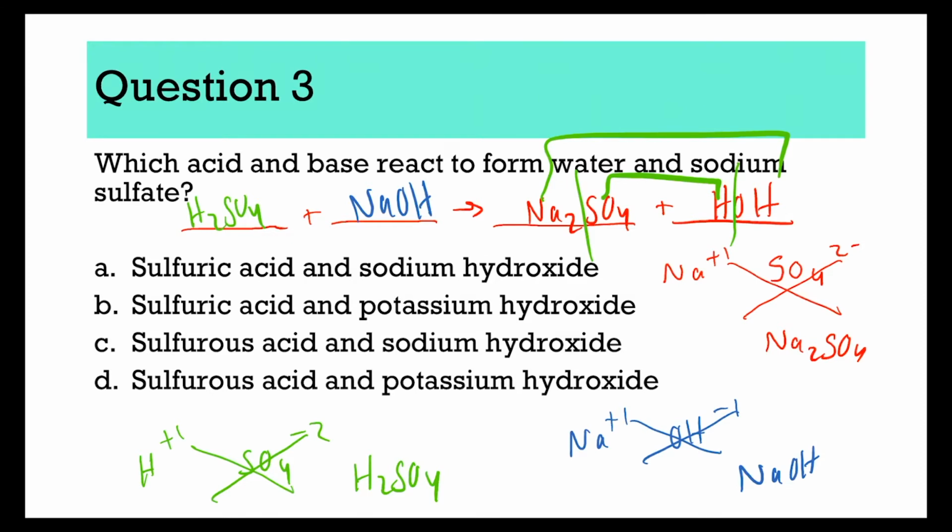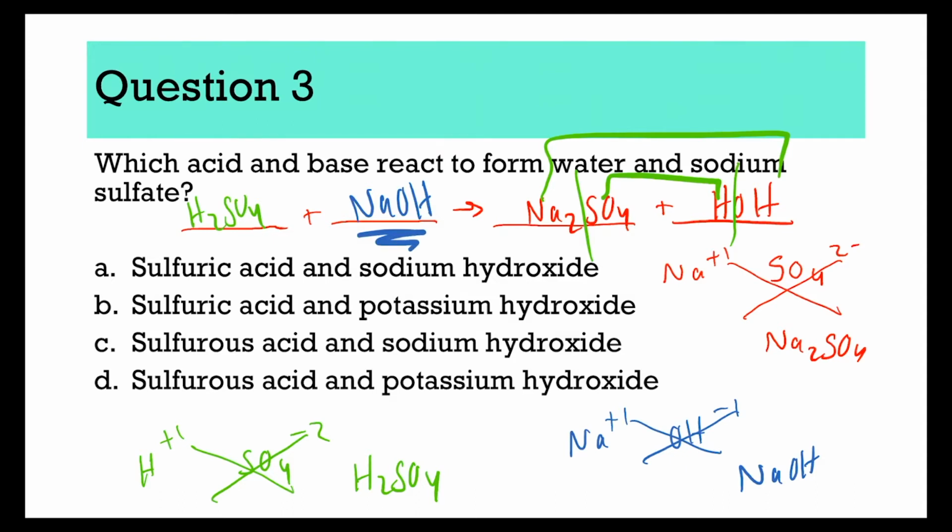Now, that still doesn't help, because the answers aren't formulas, they're names, so we're not done yet. You can look at Tables K and L to figure out the names of the acids and bases you just made. Let's start easy. NaOH.